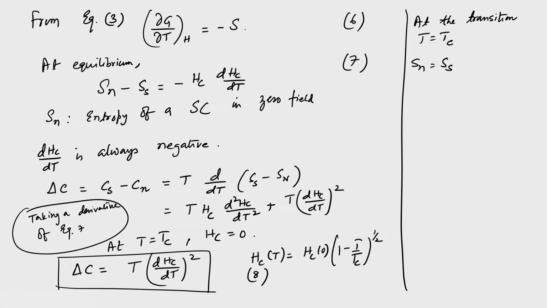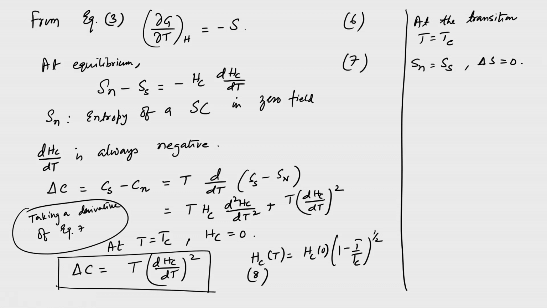So, the latent heat of transition is equal to 0, which means delta S is equal to 0. So, this almost without any doubt establishes that the transition is second order. However, of course, away from T_c, if there is a transition, that could be first order.